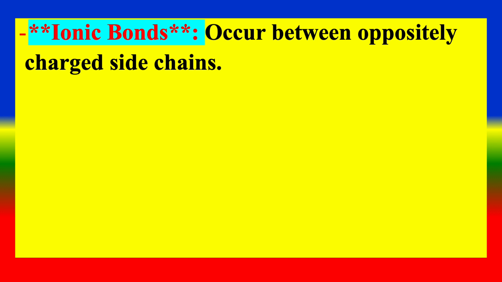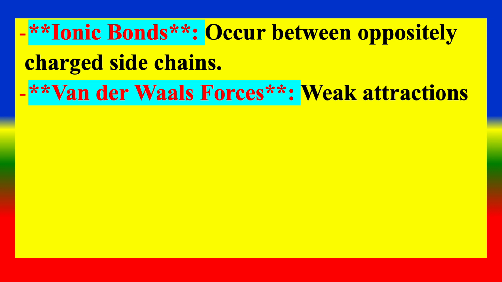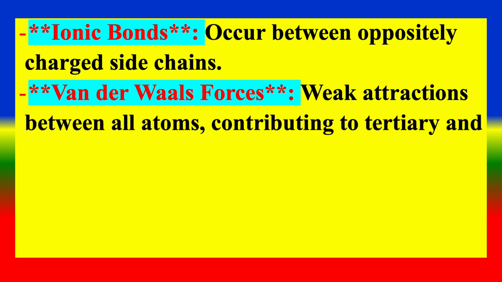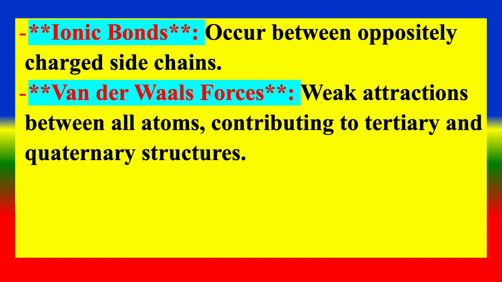Ionic bonds occur between oppositely charged side chains. Van der Waals forces are weak attractions between all atoms, contributing to tertiary and quaternary structures.